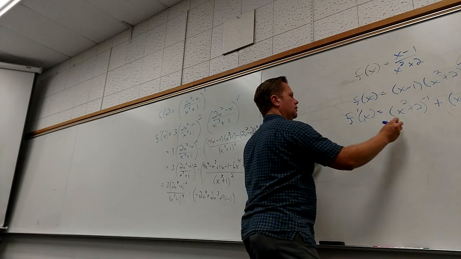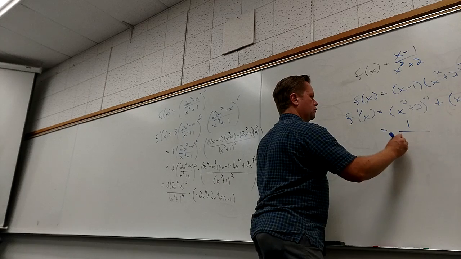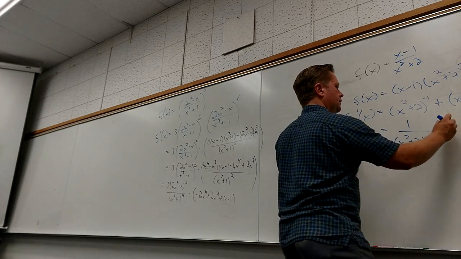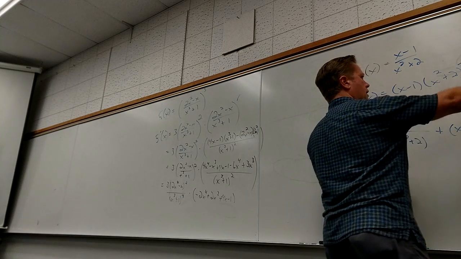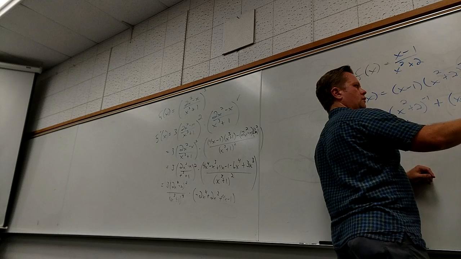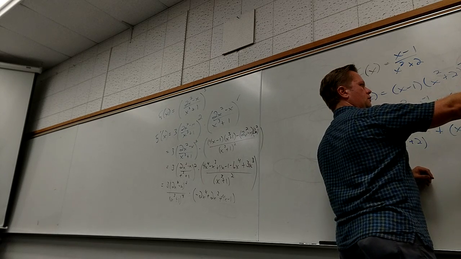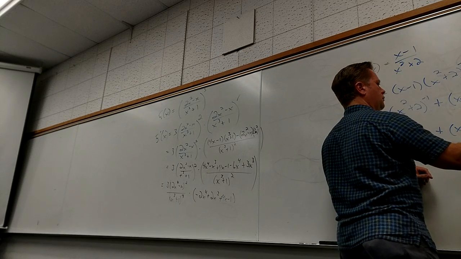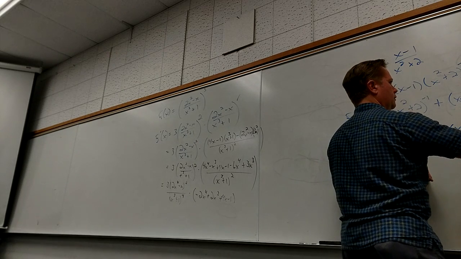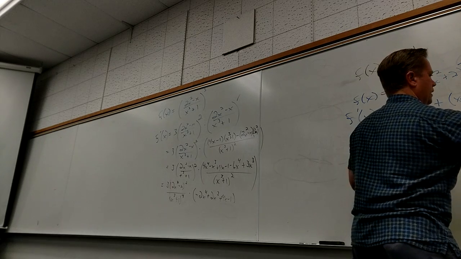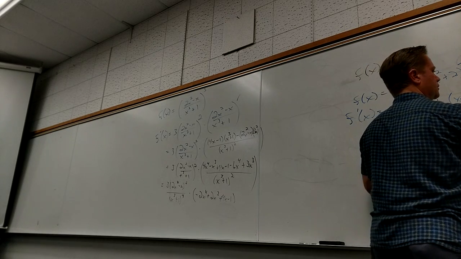So I get 1 over x squared plus 2 plus x minus 1 times, what happens in here? Negative 1 comes down. This is now to what power? Negative 2 times the derivative of the inside, 2x.